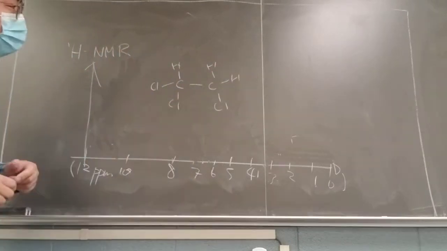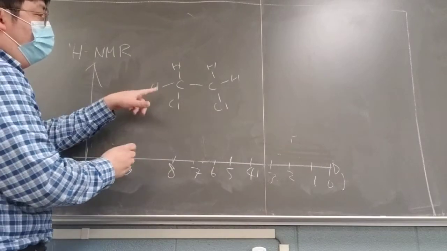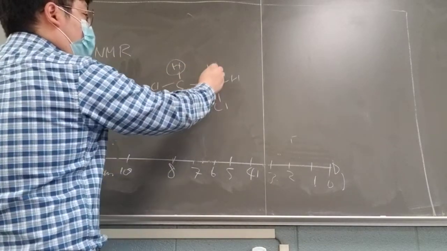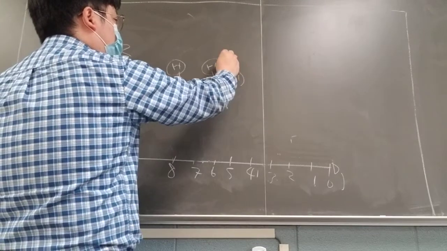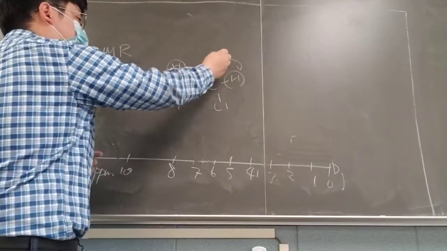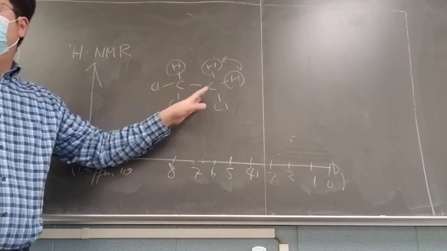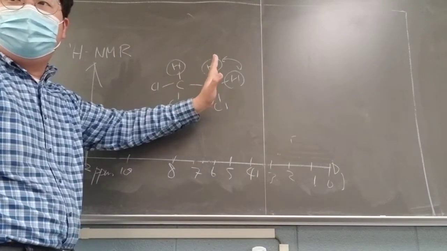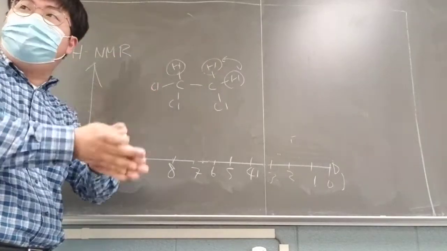If you look at this one over here, this is only one hydrogen here, but these two hydrogens are equivalent to each other, because do you guys remember this? If this makes a mirror image, enantiotopic, they're still showing the same signal, right?